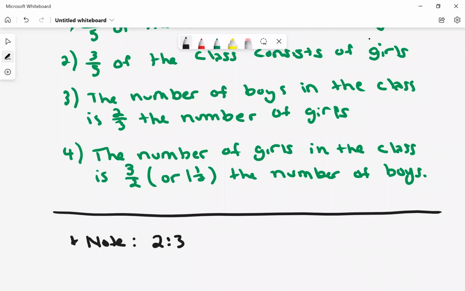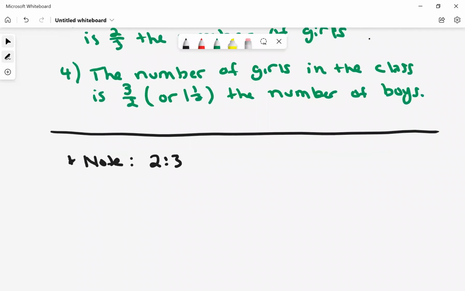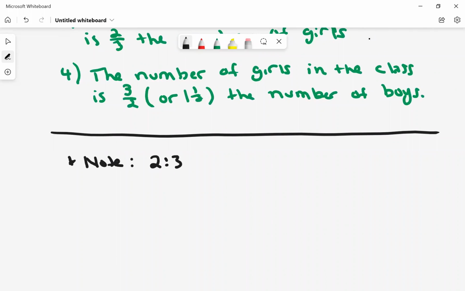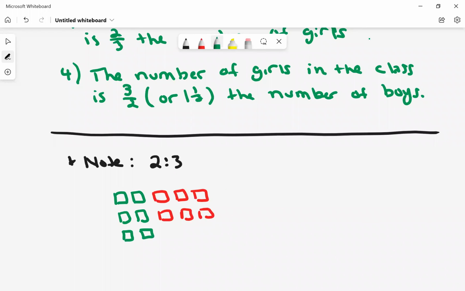So if I was interested in seeing it as a bigger class, I could grow my ratio. So a 2/3 relationship, here I'm going to draw them as separate little squares. Those 2 boys, 2-to-3 relationship, and then 3 girls. We could grow that as many times as we need to see the total class. So this would be a class of 10. And now it's a class of 15. And then what I just said a second ago, a class of 20 would be this one.